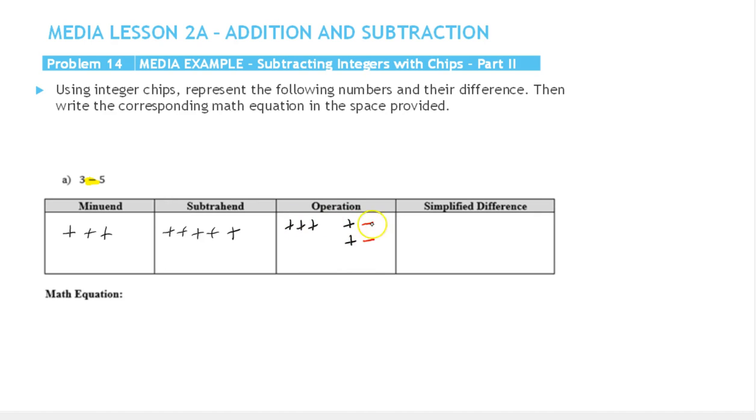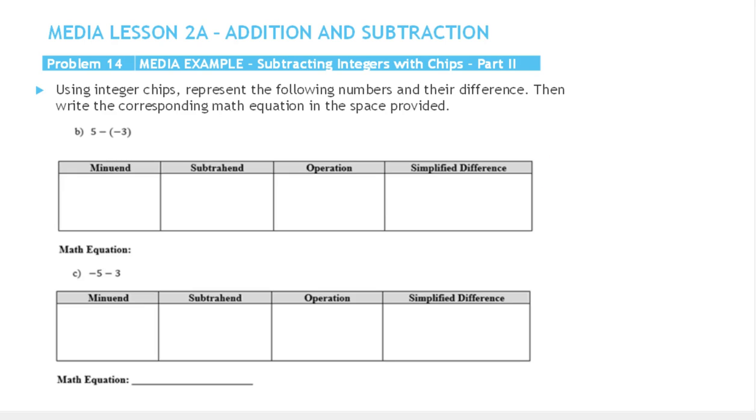So this is still equivalent to 3 because these would cancel if I needed them to, but now I have 5 positive chips to take away. So I'm going to highlight the 5 positive chips I'm taking away, and the simplified difference is the result, which is 2 negative chips. So our equation is 3 minus 5 equals -2.